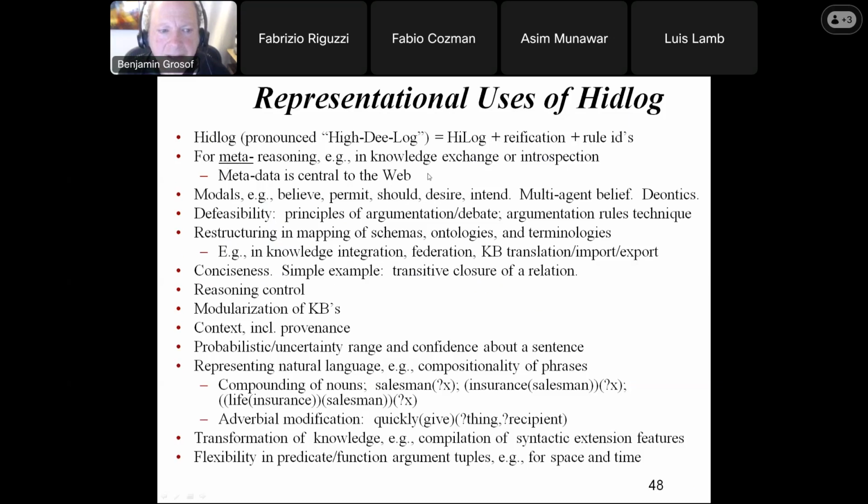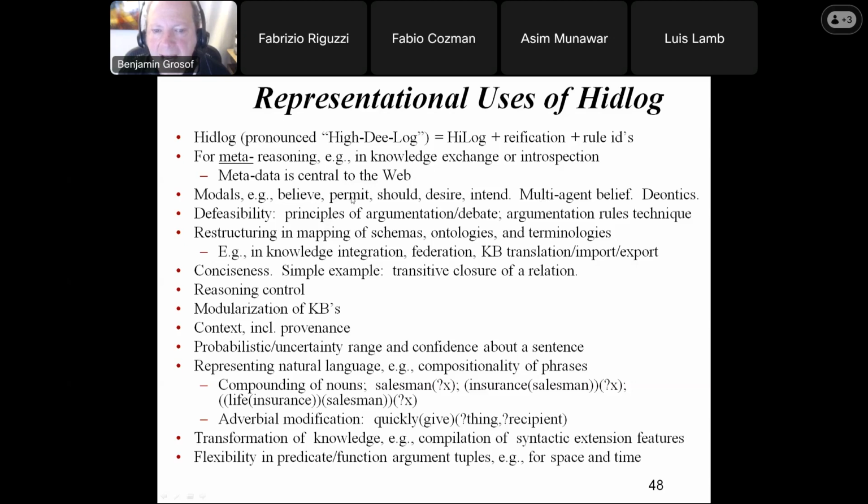For meta reasoning, this is useful in knowledge exchange or introspection. Metadata is central to the web. So here we've got meta knowledge or meta reasoning. This is important for what are called modals. For example, believe, permit, should, desire, intend, so-called BDI, belief, desire, intention.